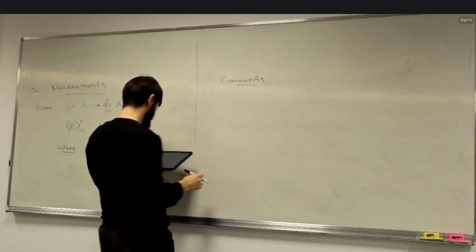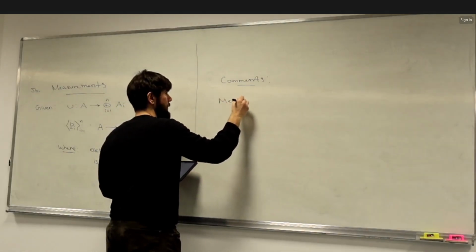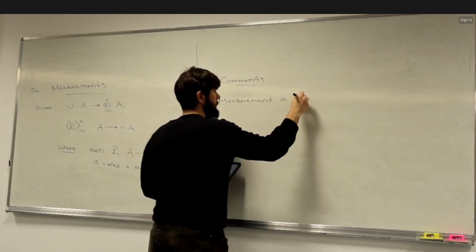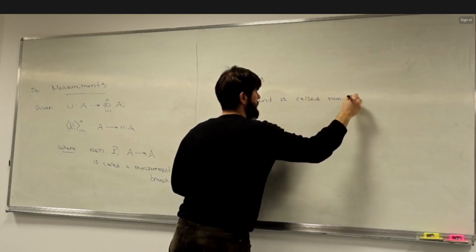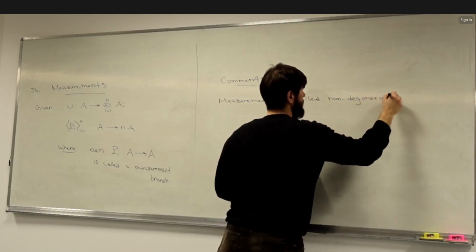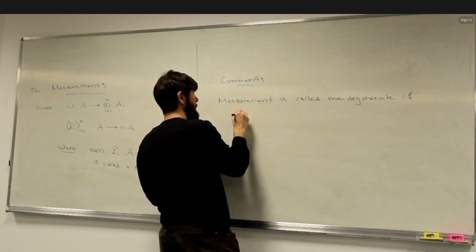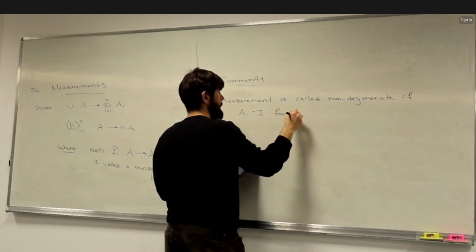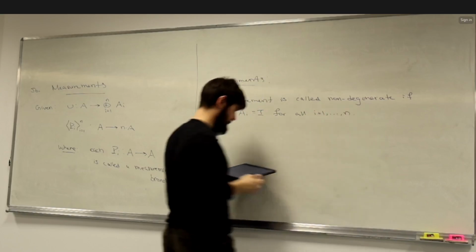One is that we call the measurement non-degenerate if ai equals I for all i equals 1 to n.